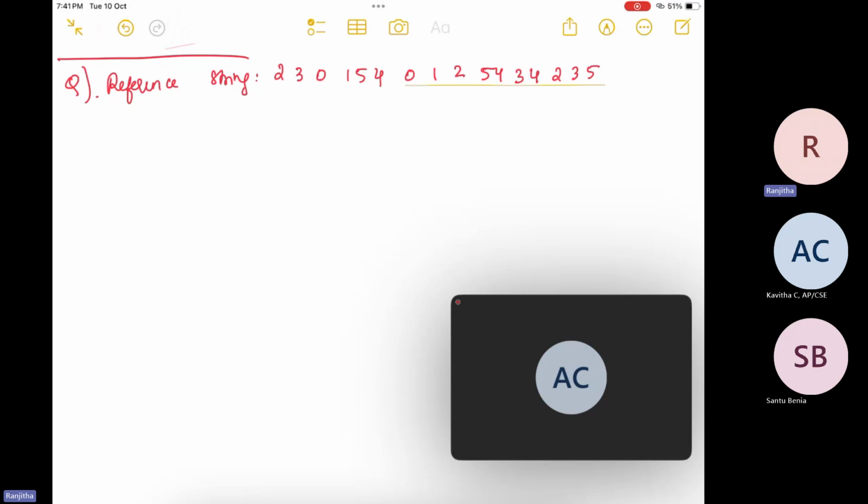Compute the number of page faults following LRU page replacement with 3 memory frames initially empty.